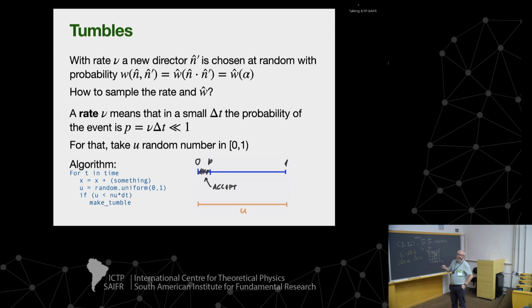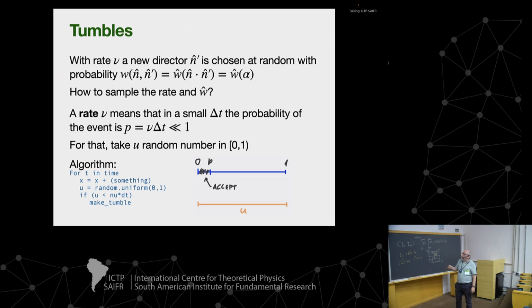And how do you simulate that in the computer? It's very simple. You have to take a number u, uniformly distributed in the interval 0, 1. So you have a u distributed in 0, 1, you have this p that is smaller than 1, and the algorithm is very simple.